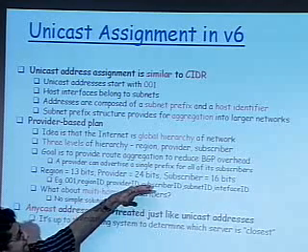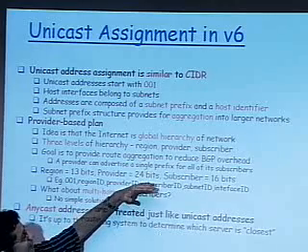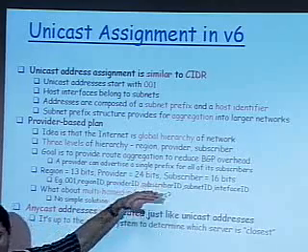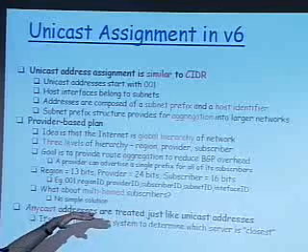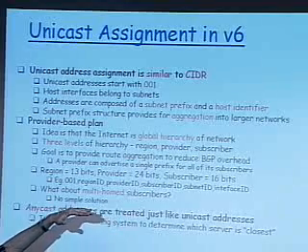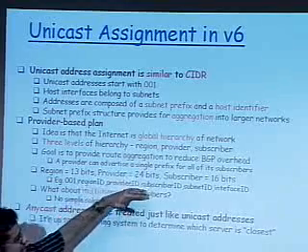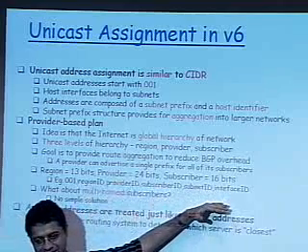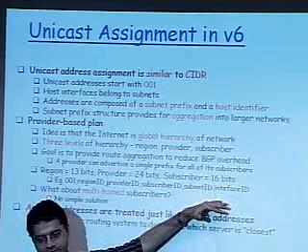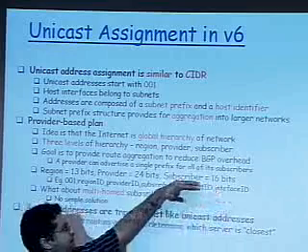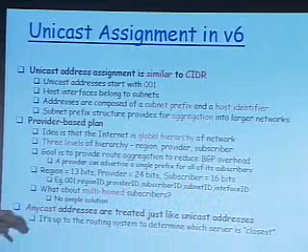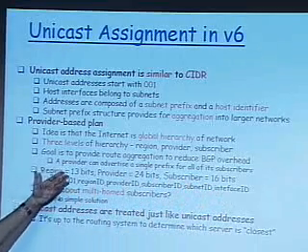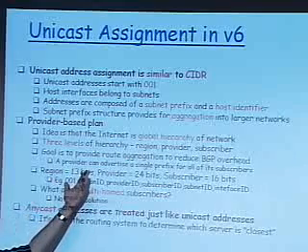So you have 24 bits for providers, so there are 2 raised to 24 providers possible, and each provider can have 2 raised to 16 subscribers. So you allocate 16 bits for the subscriber. Region is 13 bits. So that also makes the forwarding decision very simple.